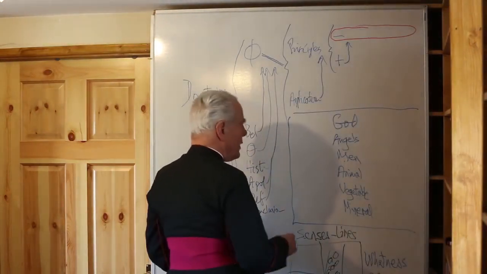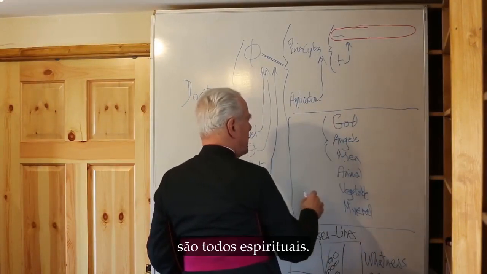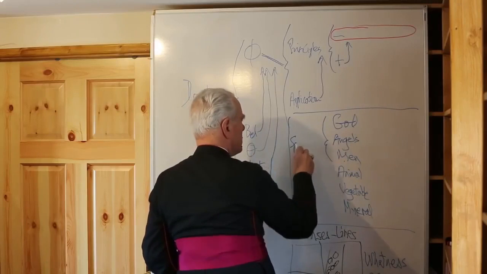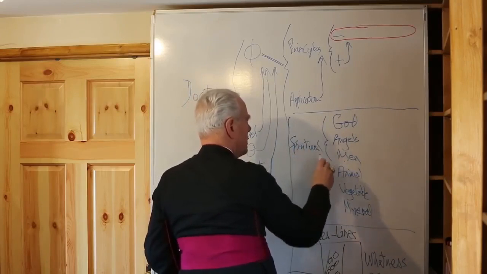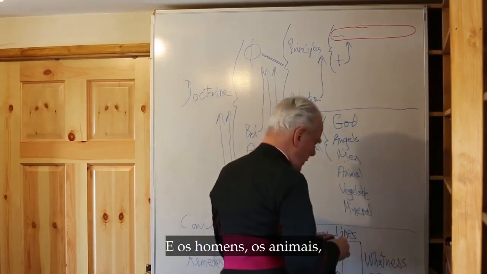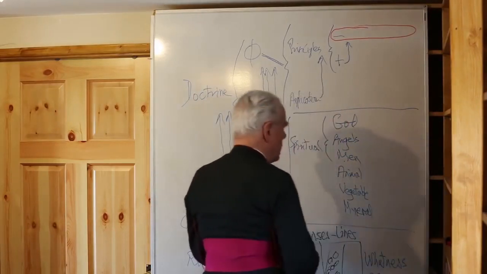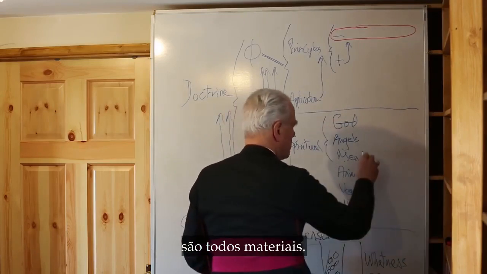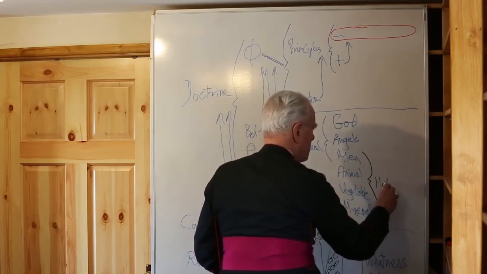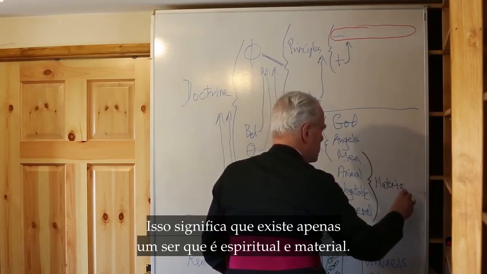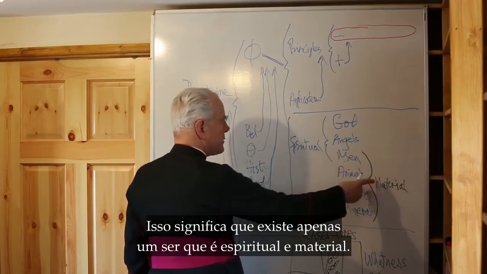Now then, God, angels, and men are all spiritual. Men, animal, vegetable, and mineral are all material. That means that you've got only one being who is both spiritual and material.